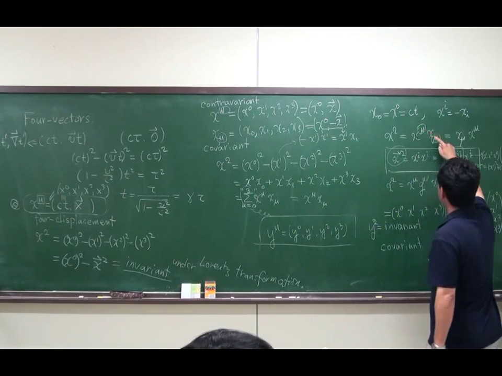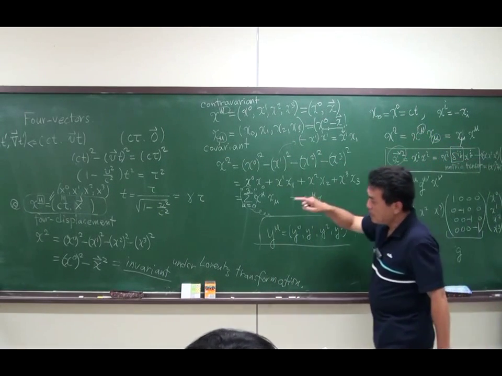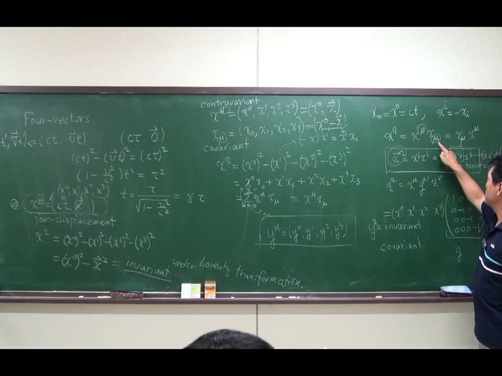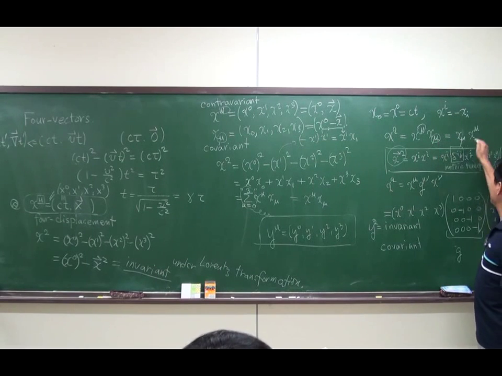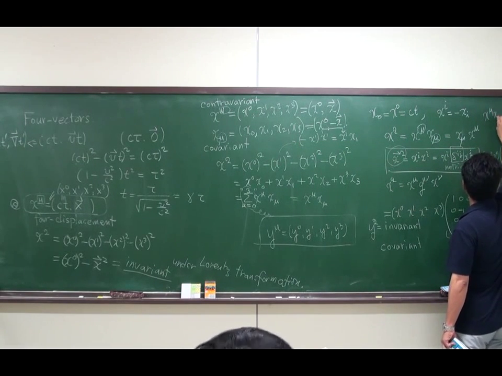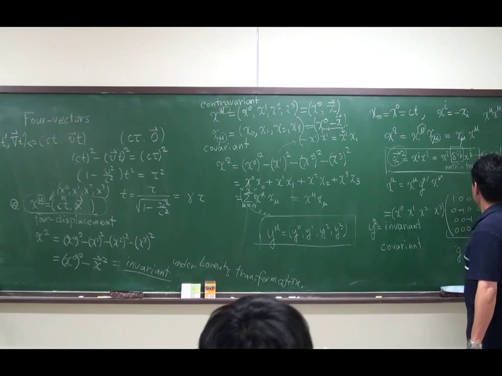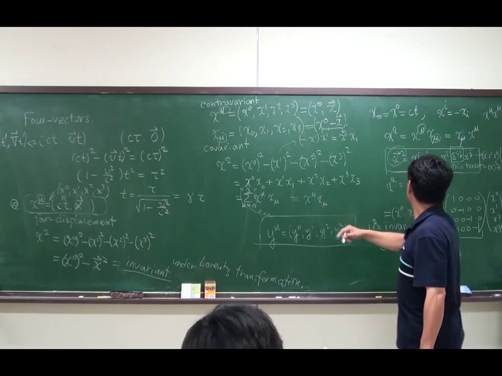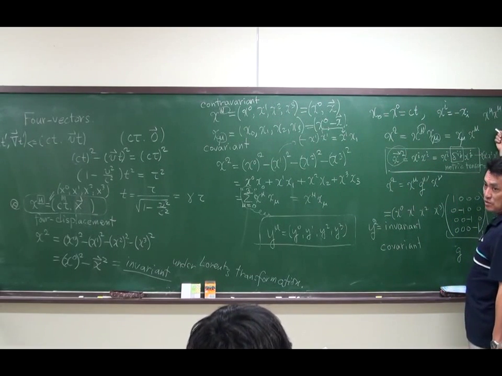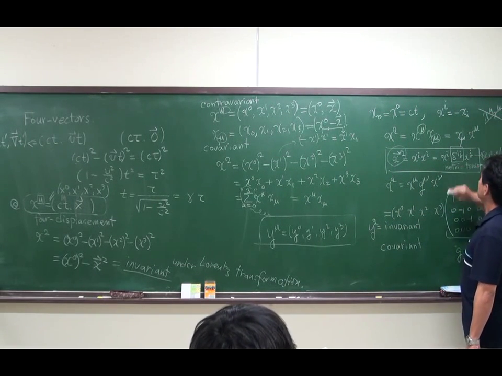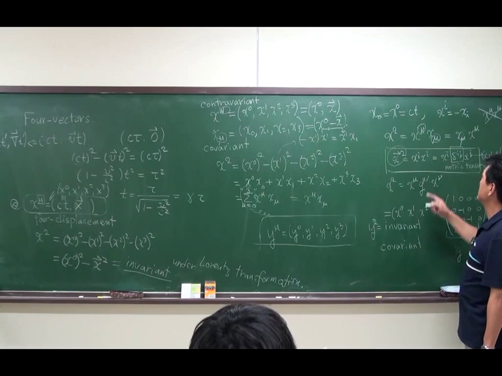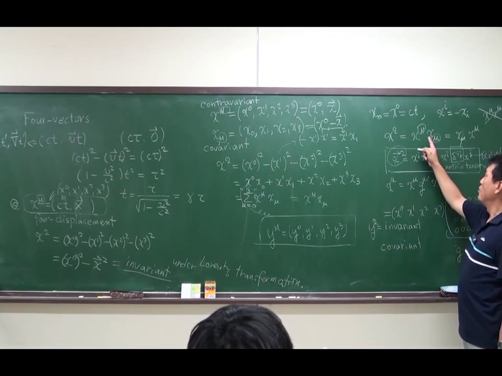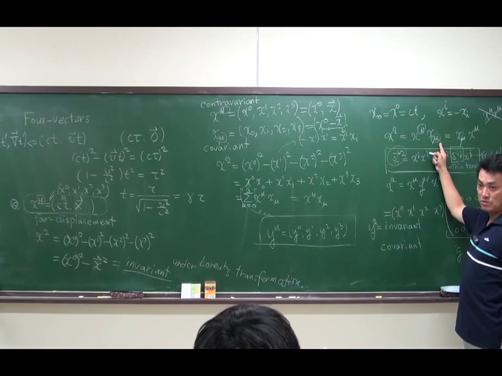That is, the sign difference appears due to the difference between up and down. If we make use of x^μ x^μ, then what happens? This sign becomes plus. So this kind of expression is wrong. Our convention is to use repeated indices, one up and the other down.